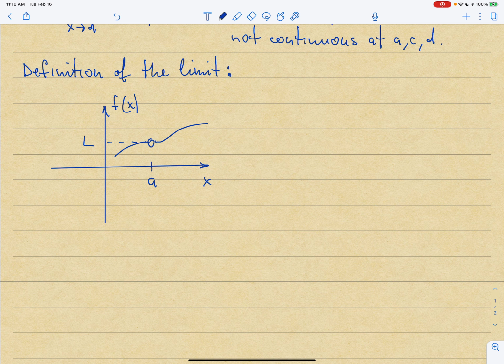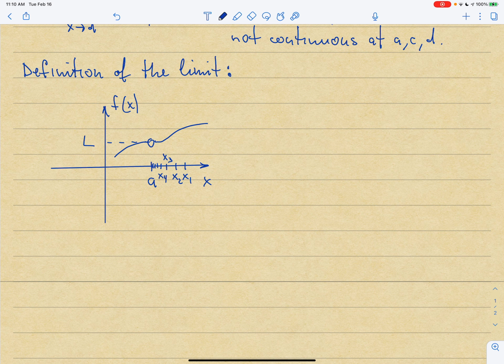Let's try to use sequences. So let's take a sequence of xn's that converges to a, and because I'm talking about the limit from the right, I want my sequence to be completely to the right of a.